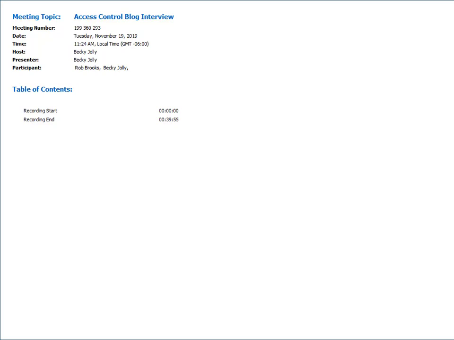You know, what operator unlocked that door at that time, as opposed to just someone pushed the button or held the door open or something like that. So you can really get a super in-depth look at what people are doing in the system and really get an idea of who's doing what, where they are, when they're there, all those kind of things that you wouldn't have necessarily with a key or an older system.